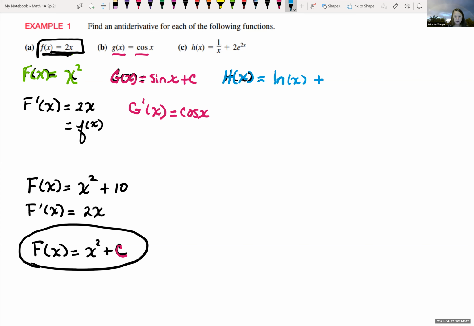When we take the derivative of e to the 2x, e was the derivative of itself, times the derivative of the exponent, 2x, which gives me back this 2. So plus c.